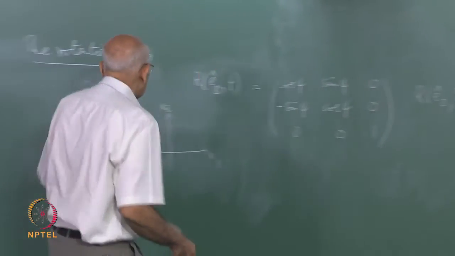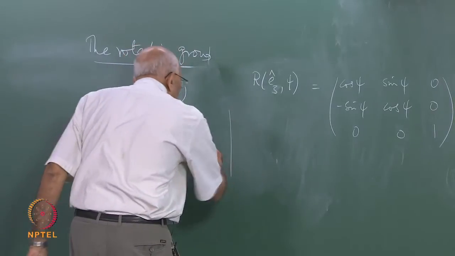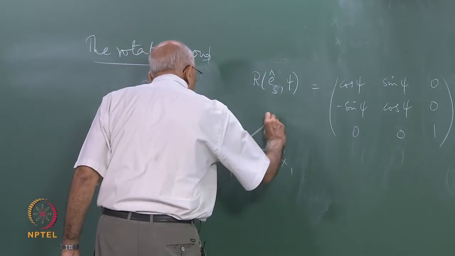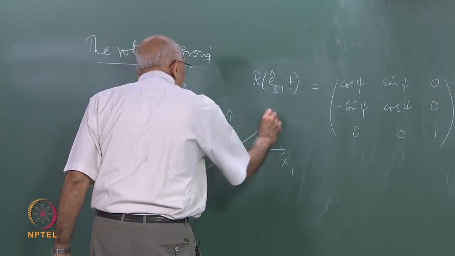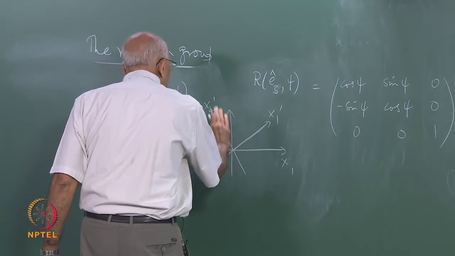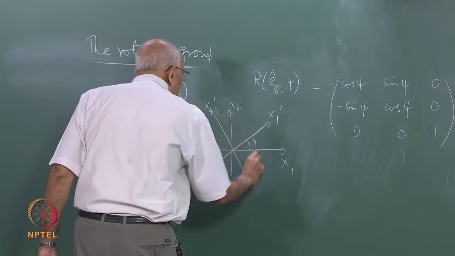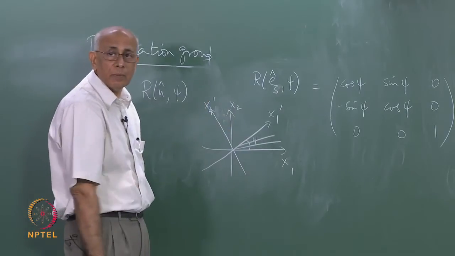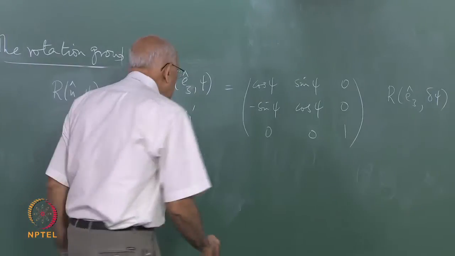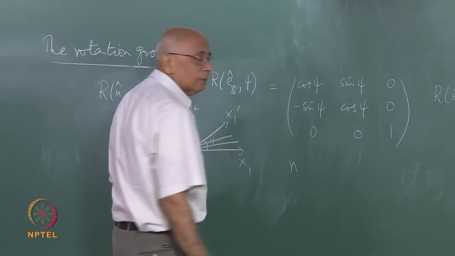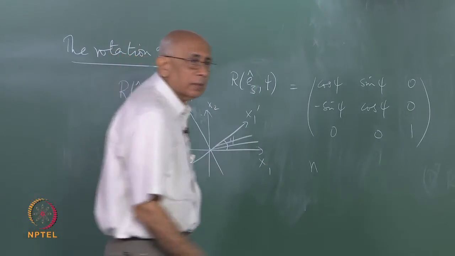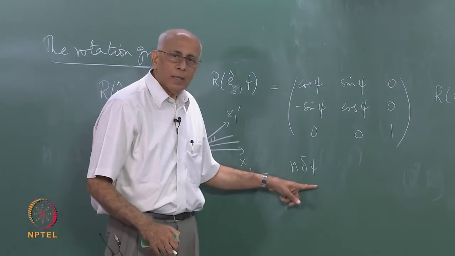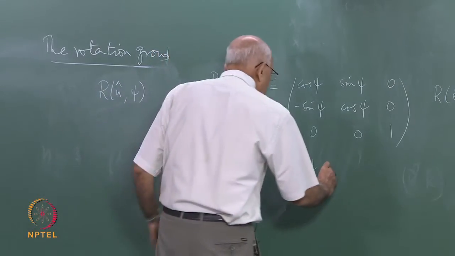In other words, I am simply saying that if you had a rotation and these were the new axes x1 prime and x2 prime here, and this angle is psi, and I am building it up with a succession of infinitesimal delta psi's about the same axis, then what I am trying to say is that I have a succession of n rotations, each by an angle delta psi, such that in the limit when n goes to infinity, delta psi goes to 0, this quantity goes to psi.